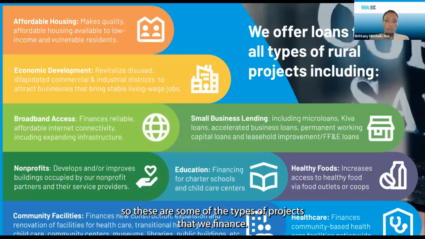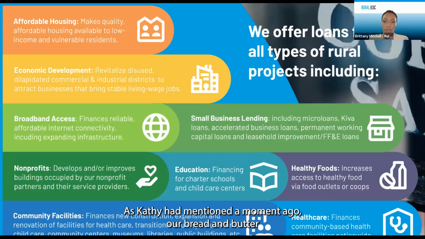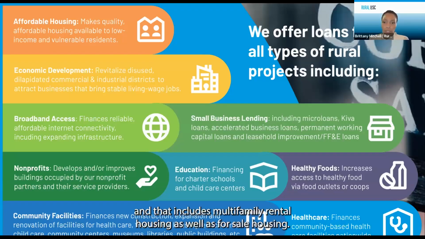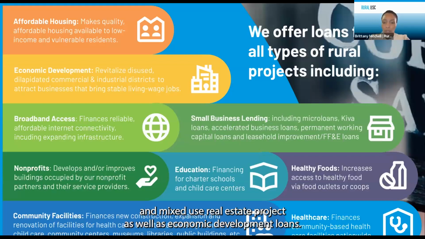So these are some of the types of projects that we finance. As you can see, we provide financing for a wide range of projects. As Kathy mentioned a moment ago, our bread and butter and the most common type of project that we see is affordable housing, and that includes multifamily rental housing as well as for-sale housing. But we also finance the acquisition and construction of commercial and mixed-use real estate projects, as well as economic development loans.